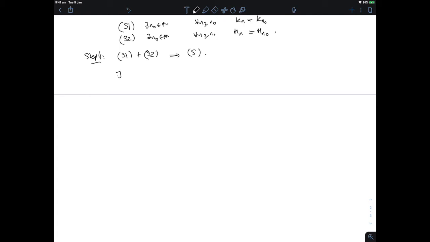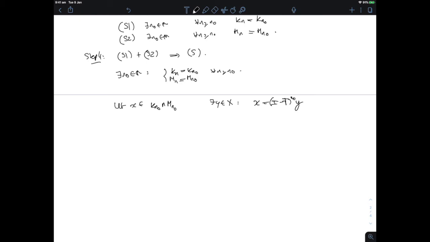Okay, so let's pick n naught such that K_n is K_n naught and M_n is M_n naught for all n greater than n naught. Now I want to show that K_n naught intersected M_n naught is trivial, it's reduced to 0. So let's pick an x that is in K_n naught and in M_n naught. What can I say about that x? I can say that there exists a y such that x is identity minus T to the power n naught of y.